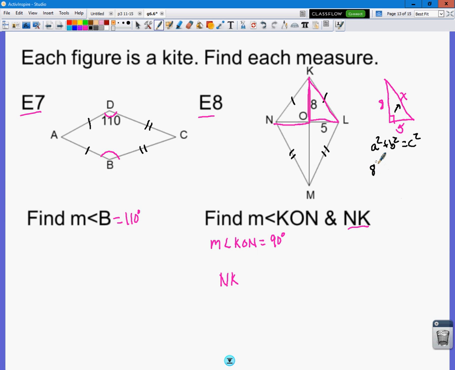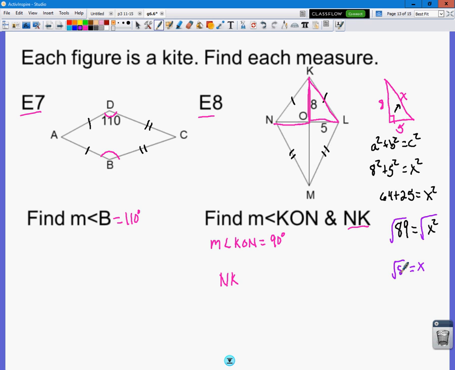So this would be 8 squared plus 5 squared equals x squared. 8 squared is 64. 5 squared is 25. So I have 89 is equal to x squared. And what is the opposite of squaring something? Finding its square root.